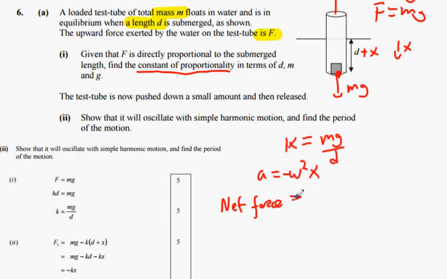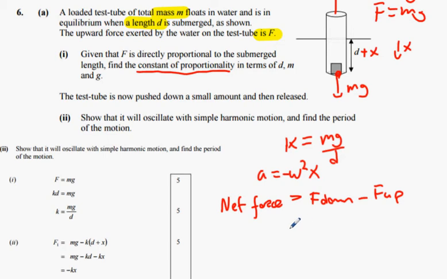The force is only going to be negative if I do force down minus force up. That will make it negative, because when you displaced it downwards, the buoyancy force overtook the weight, because the buoyancy force is now stronger.